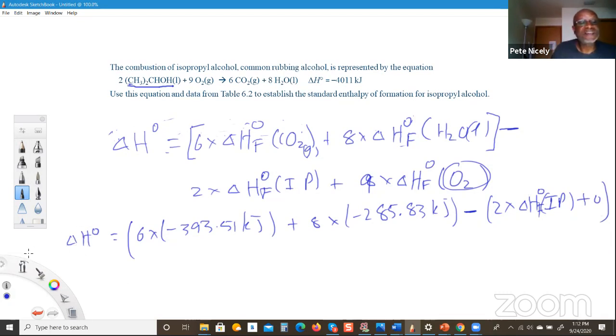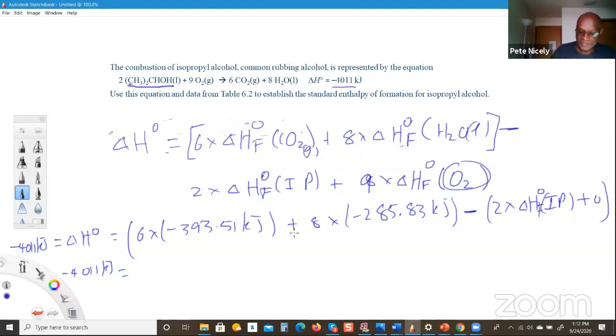Now, the delta H value here is given in the question, so that is equal to minus 4011 kilojoules. So basically, all we have to do now is do the arithmetic. Minus 4011 kilojoules. I'm going to work out what's within the parentheses here.